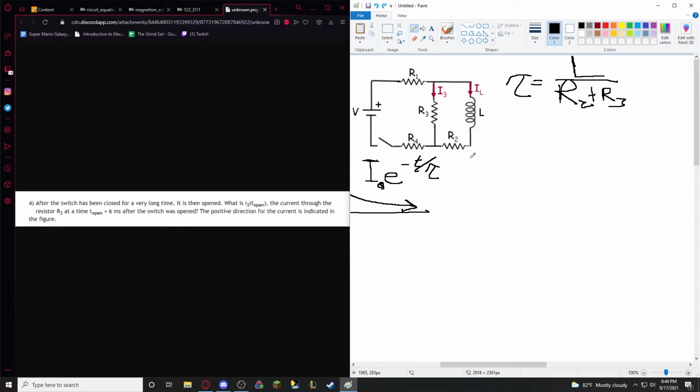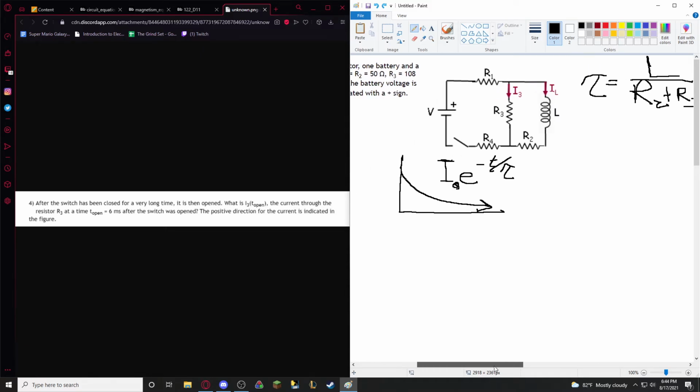If we just say that that's a wire, then it would just be the series of R1 and R4. So what do we need to do to find I2? To find I2, you need to equal it to the voltage of 2 over R2.